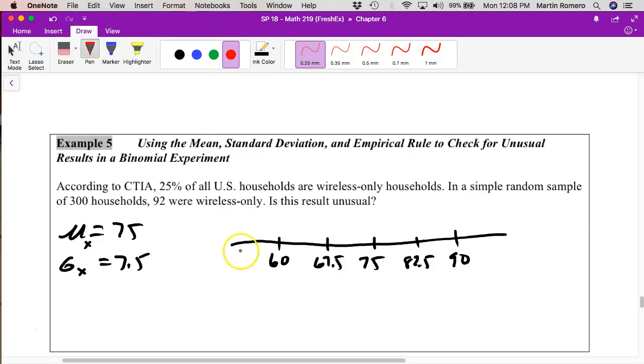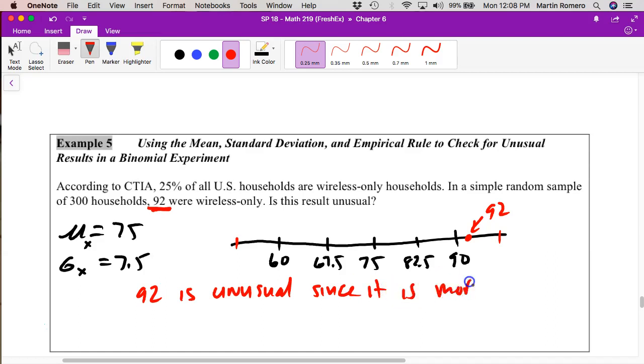What we know is that any value outside of that is unusual. Where's 92? 92 is right there. Because 92 is more than 2 standard deviations above the mean, 92 is unusual.